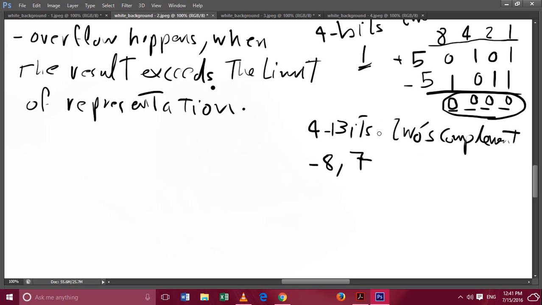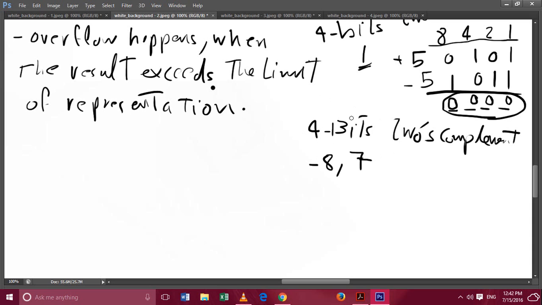So if I add two numbers and the result of addition exceeds the limit of representation, which is in this case 7, then an error will occur. Same thing if I add two negative numbers in a 4-bit two's complement binary system and the result is smaller than -8, an error occurs.